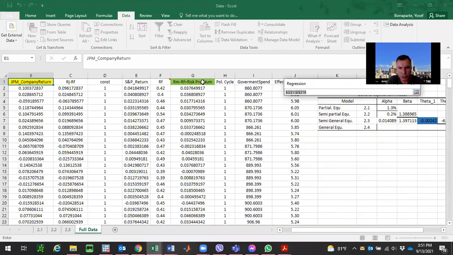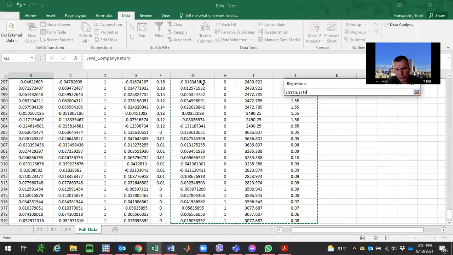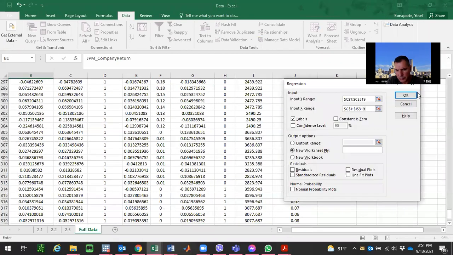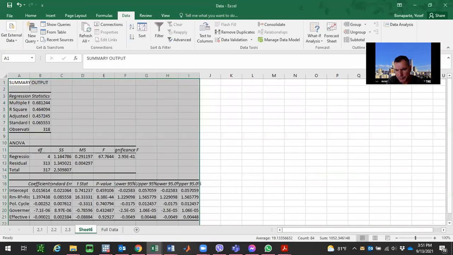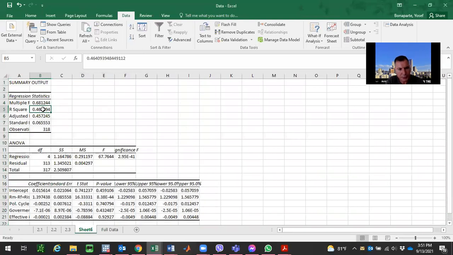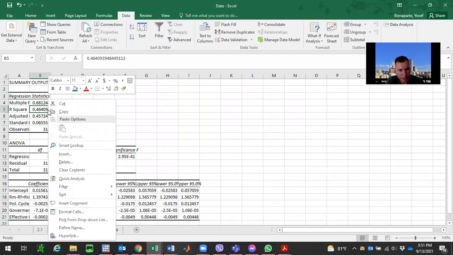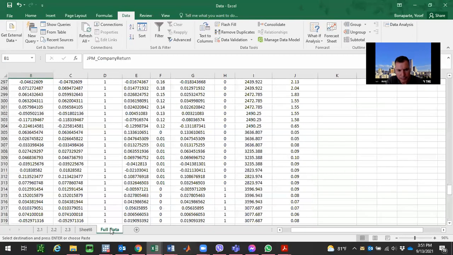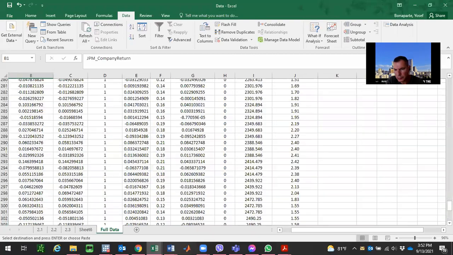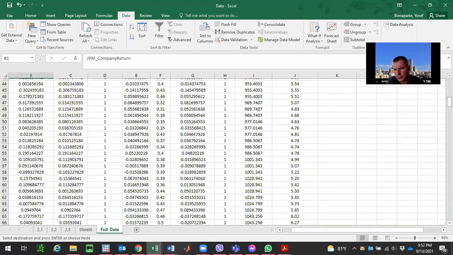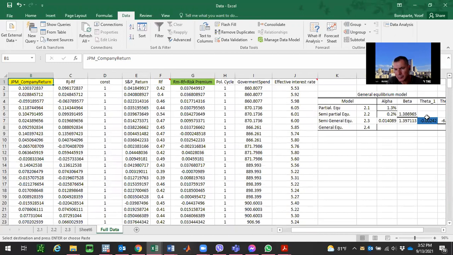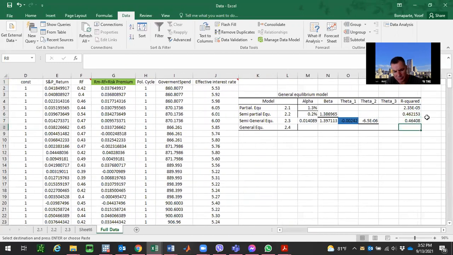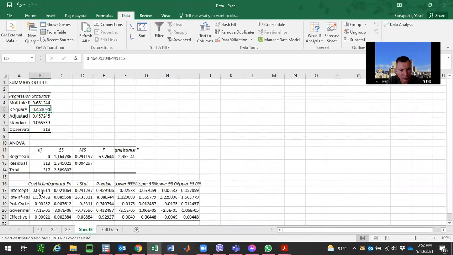Now our X also includes the effective interest rate. And now that's the final output, the R square. It's just a little bit better than before. And then the results are the following.